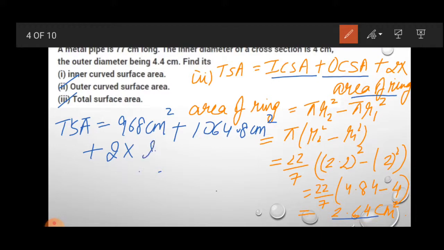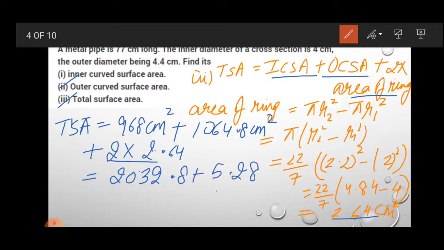Area of ring is 2.64. Now 968 plus 1064.8 is 2032.8, plus 2 into 2.64 is 5.28. On solving this, we get 2038.08 centimeter square. So total surface area is 2038.08 centimeter square.